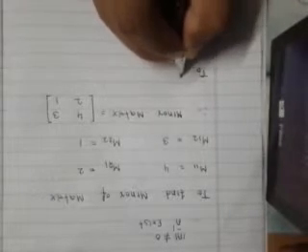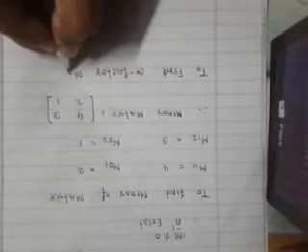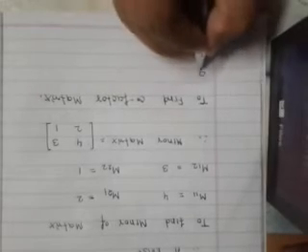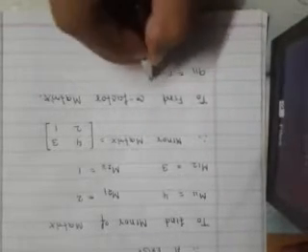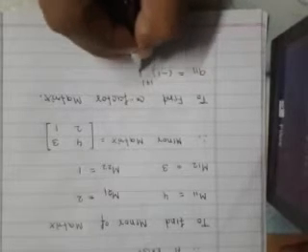To find the cofactor matrix, A11 is equal to, by using the formula, minus 1 raised to 1 plus 1, that is M11.